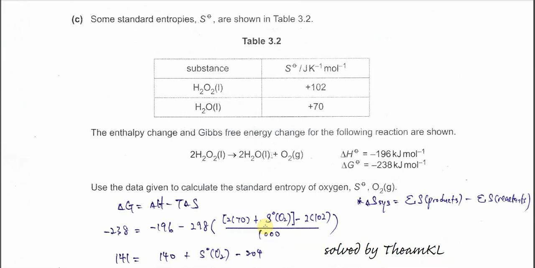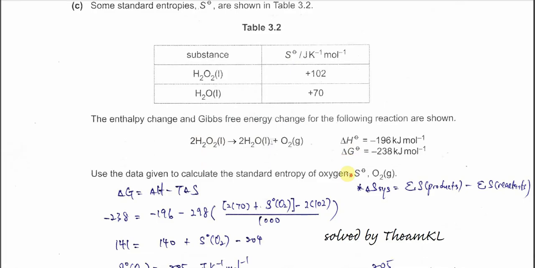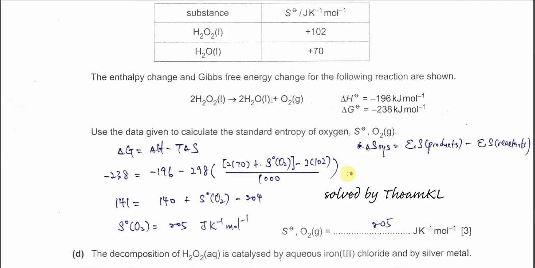Part C. Some standard entropies are shown in Table 3.2, and the reaction equation is given. Delta H is given, delta G is given. Now it wants you to calculate the standard molar entropy of oxygen.